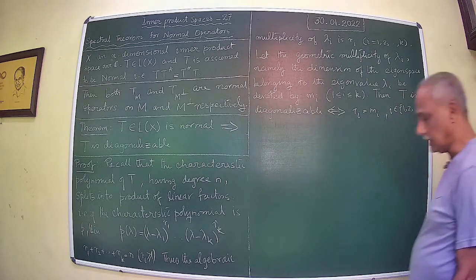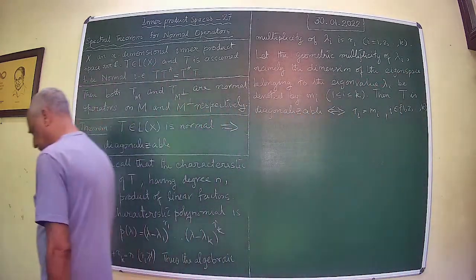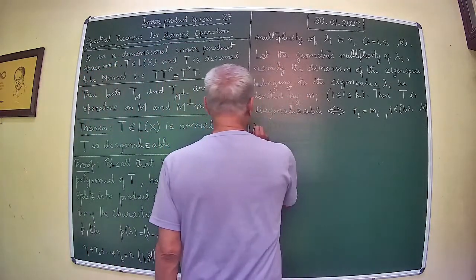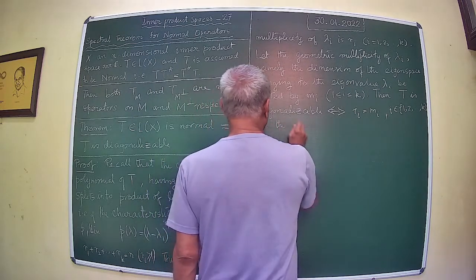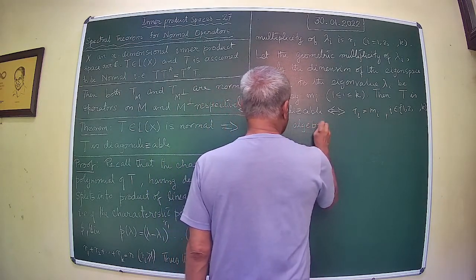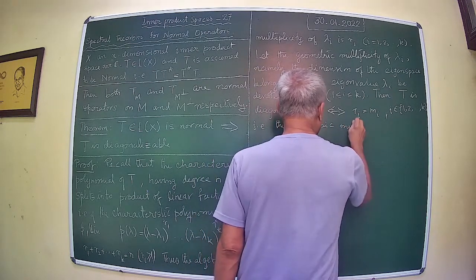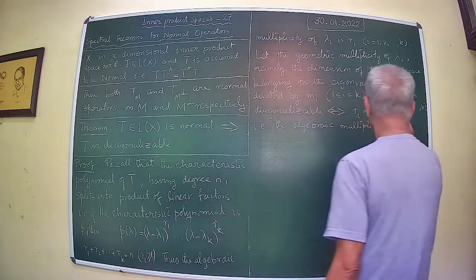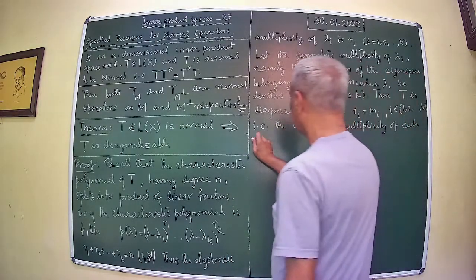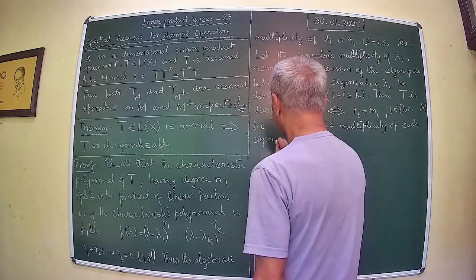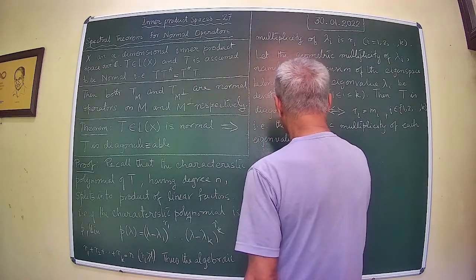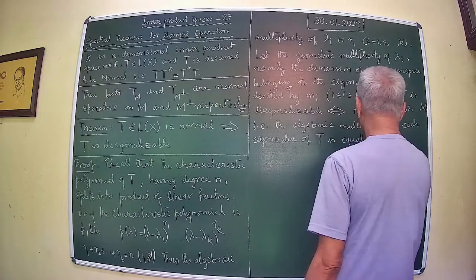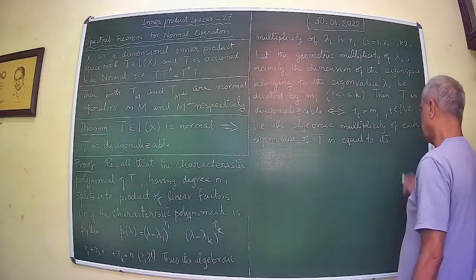That means the algebraic multiplicity of each eigenvalue is equal to its geometric multiplicity.